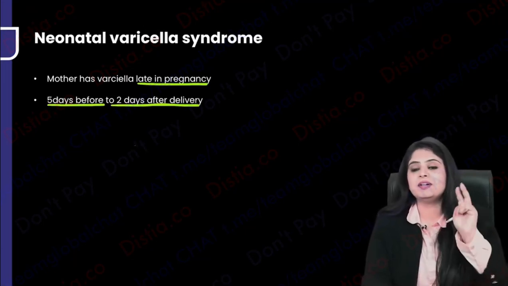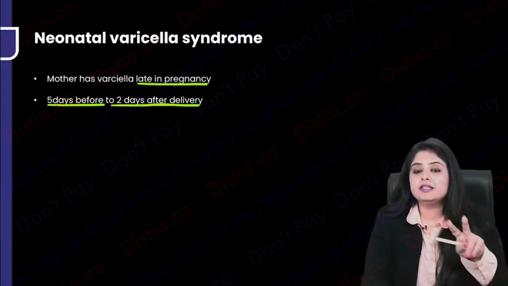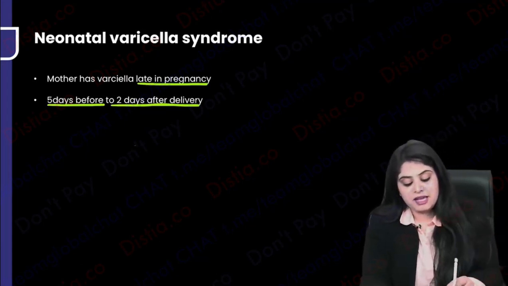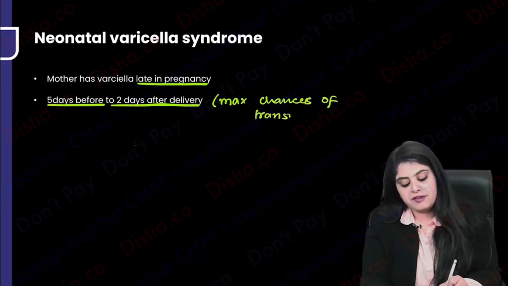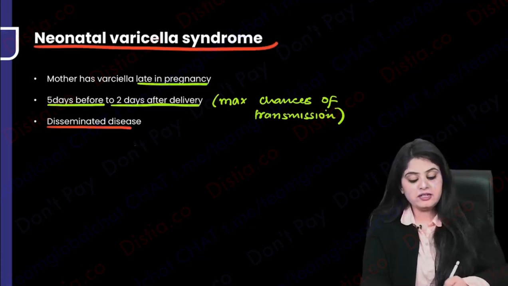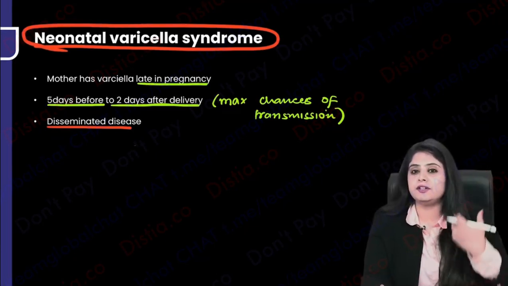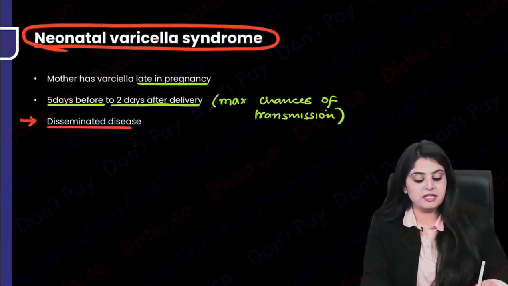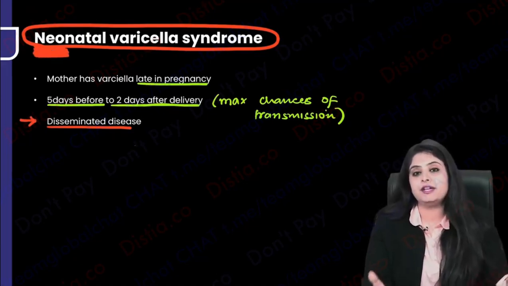This is opposite to the rash. Remember, in the rash, infectivity was 2 days before to 5 days after. Here they are saying that the maximum chances of transmission are from 5 days before the delivery to 2 days after the delivery. And remember, this will result in neonatal varicella syndrome, and the neonate will have new organs getting affected all over the body, meaning disseminated. The neonatal form will have disseminated organs getting affected.